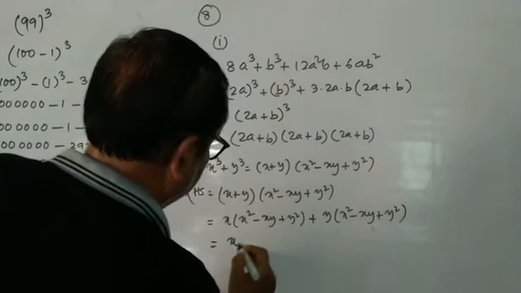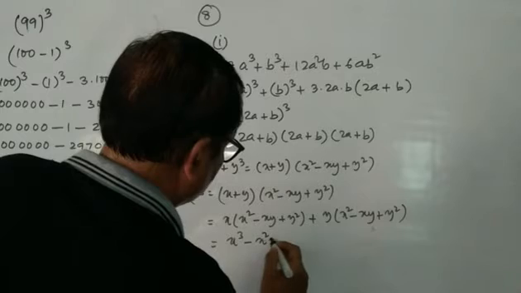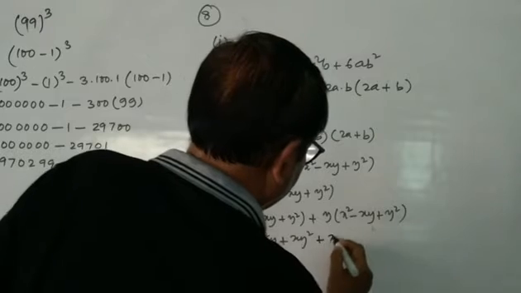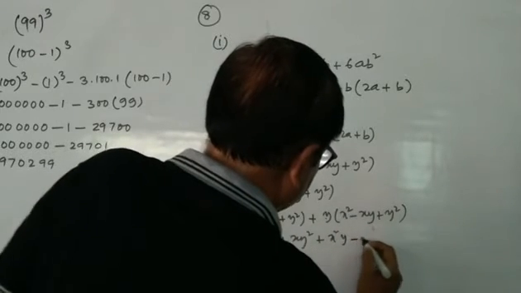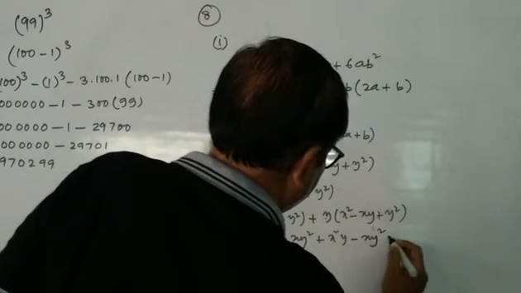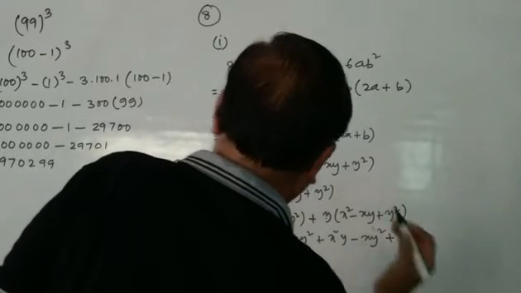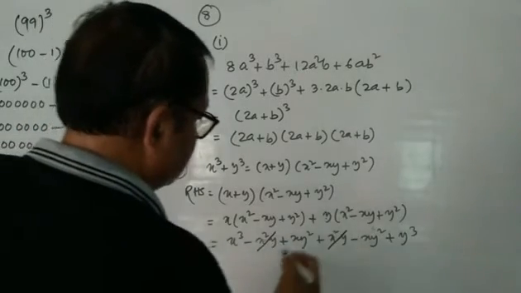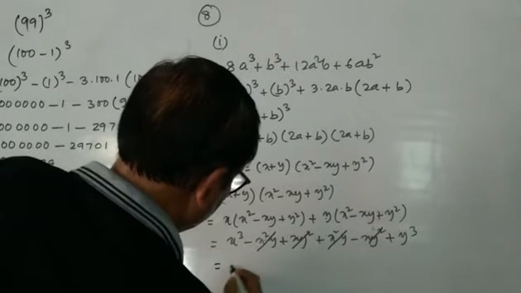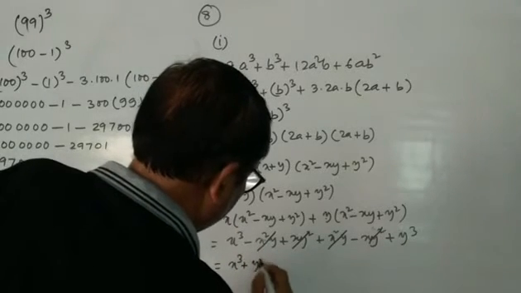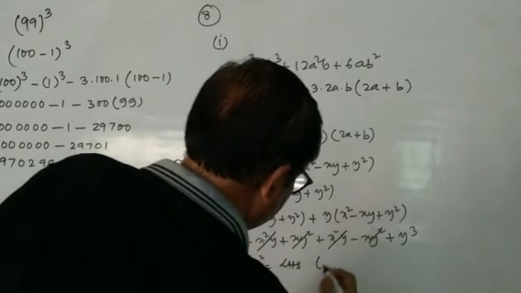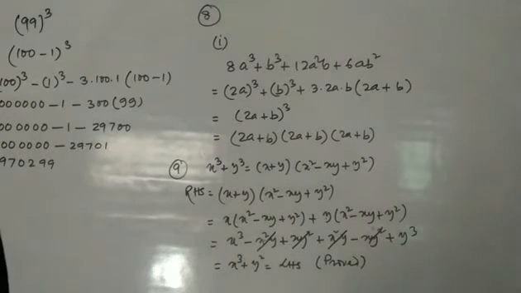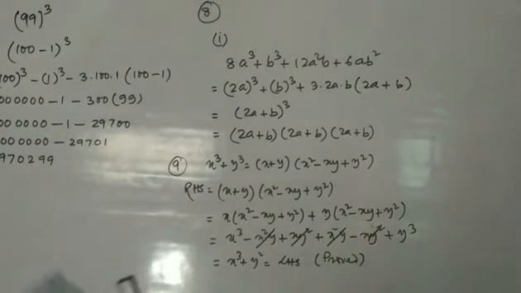Now do the multiplication: x cube minus x square y plus xy square plus x square y minus xy square plus y cube. See, x square y positive and negative cancels out. xy square negative and positive cancels out. And you are left with x cube plus y cube, which equals LHS. Proved. In the same way, the second question you yourself can solve. This was question number 9.